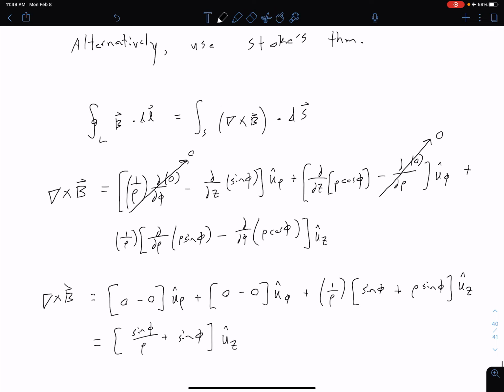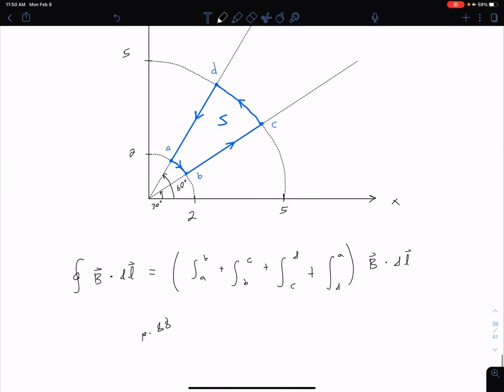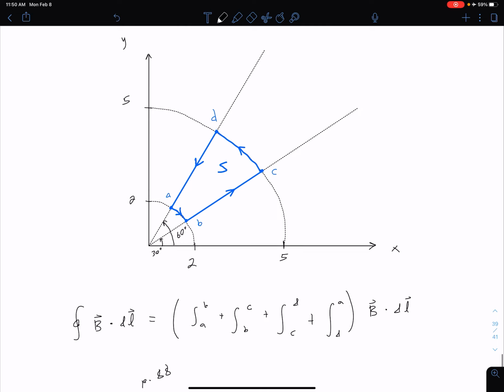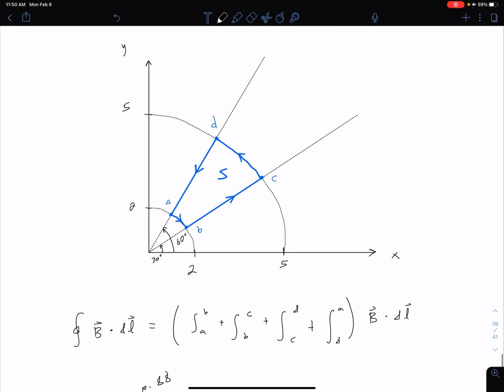The other thing we needed was this dS. So how do we determine that dS? Remember, we use our right hand rule. So coming back to our figure here, we're going to put our fingers in the direction of the arrows such that our fingers on our right hand can curl inwards towards the surface. So if I put my fingers in this direction, they should be curling inward here.